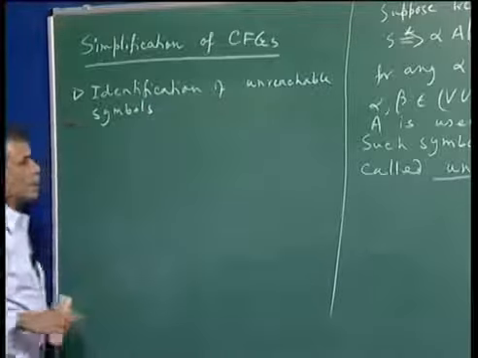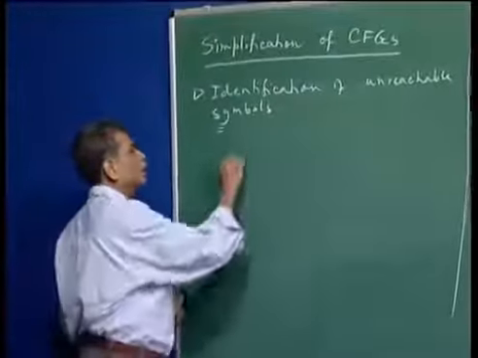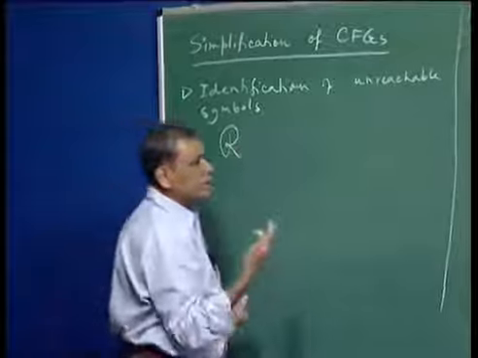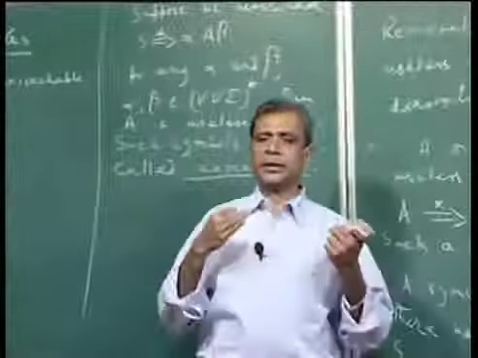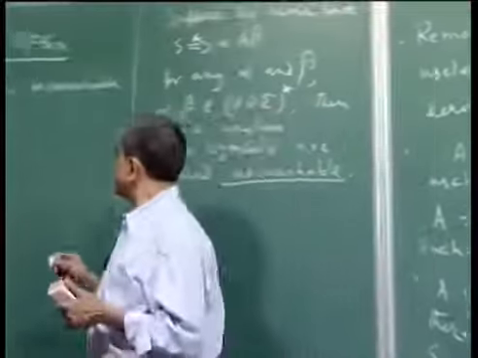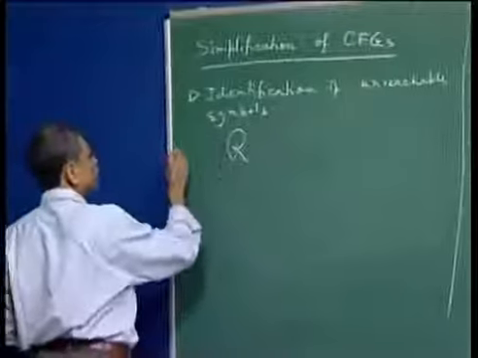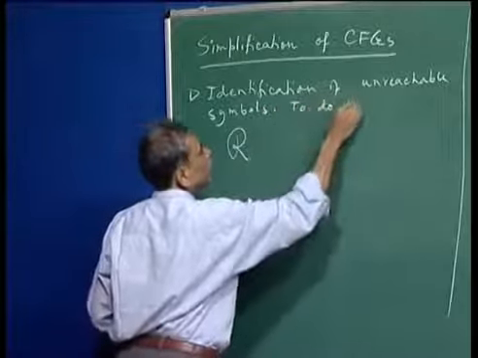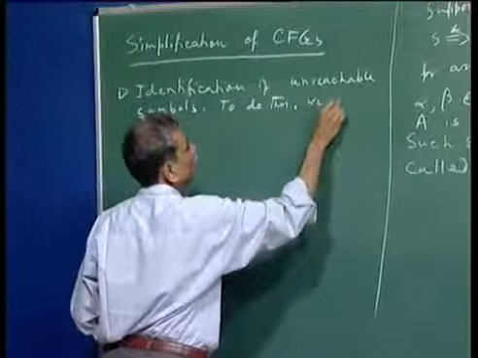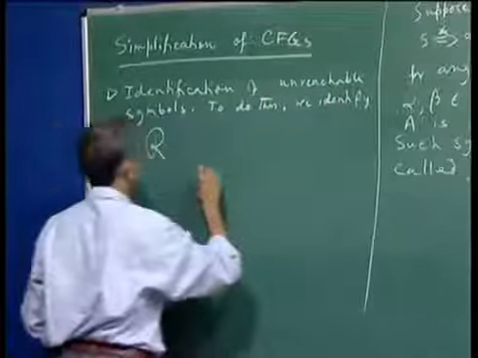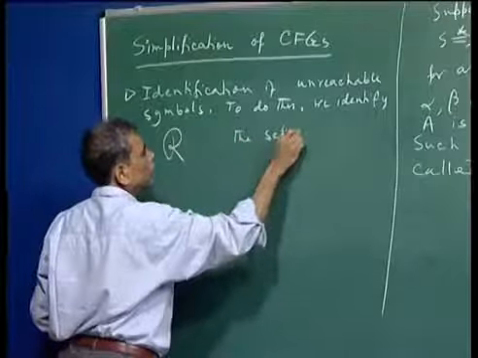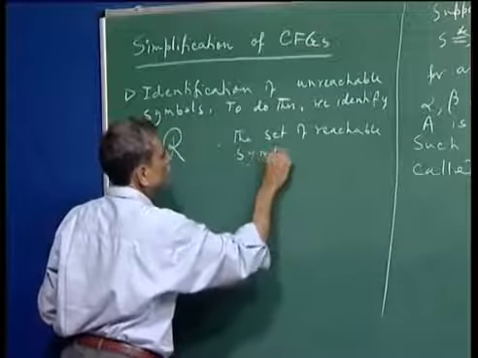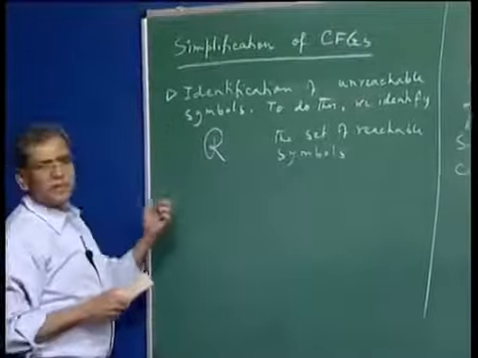What we do is, we inductively build a set, let me call it script R. This will be the set of reachable symbols, the symbols which we can reach from the start symbol S. What will be the unreachable symbols?